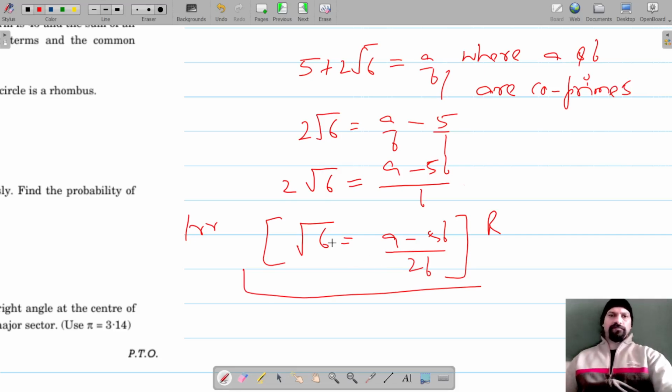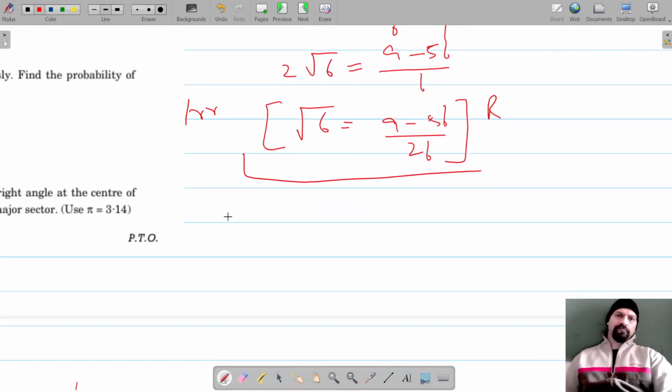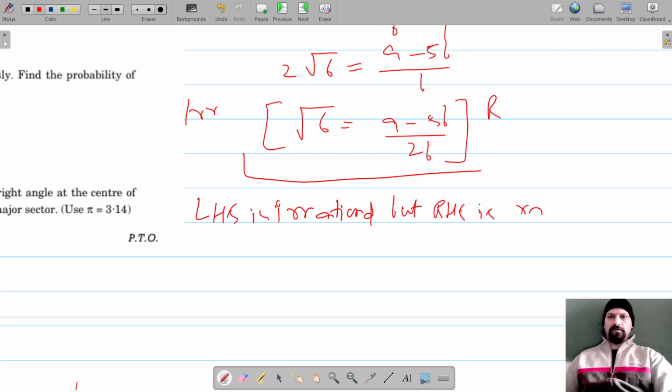So RHS is rational, whereas LHS is irrational, which is not true.